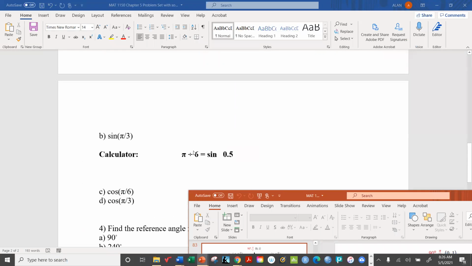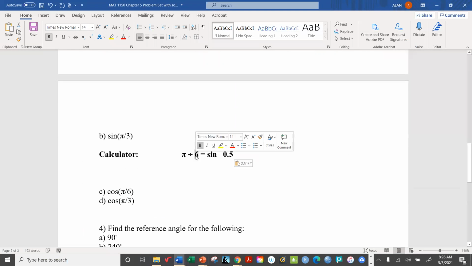Now let's try this one, pi divided by 3. Let's see what happens. Pi divided by 3 equals sine. See, now there's the rub though. It's going to come back as 0.866 something.